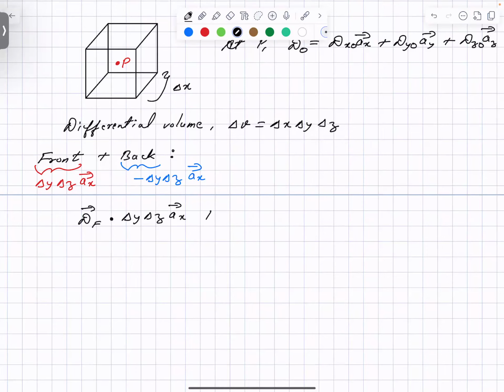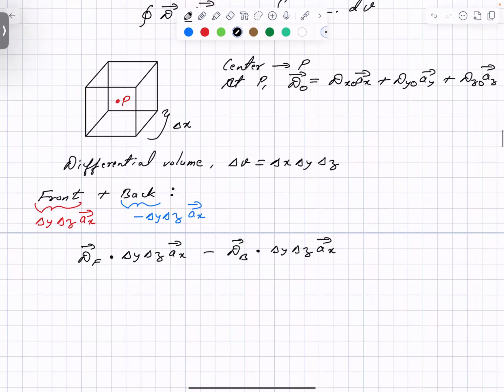And similarly, the flux density at the back, which we can denote as DB, dotted with the surface area, delta y, delta z, and then we need a negative ax. So let's change that to a negative sign, and we have this. Now, what are DF and DB?